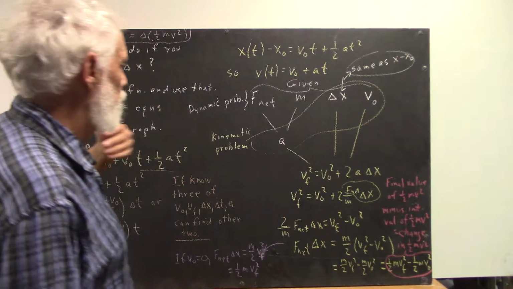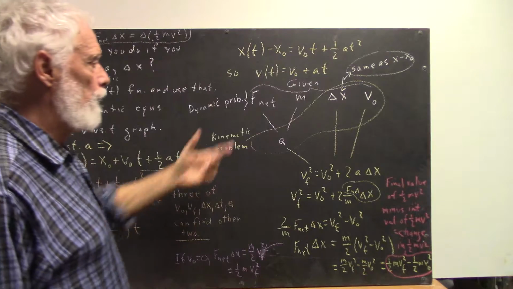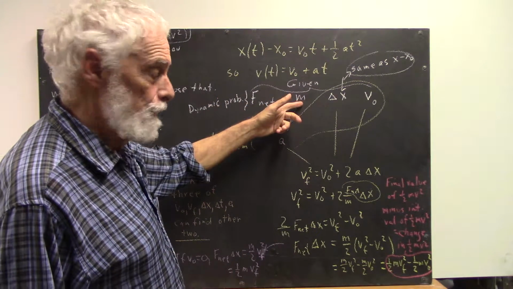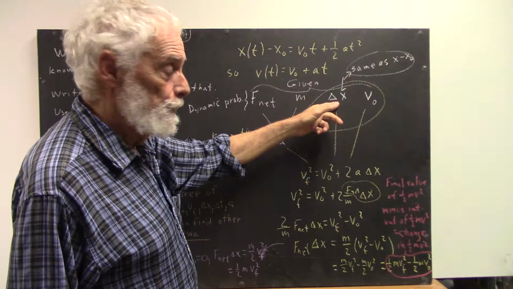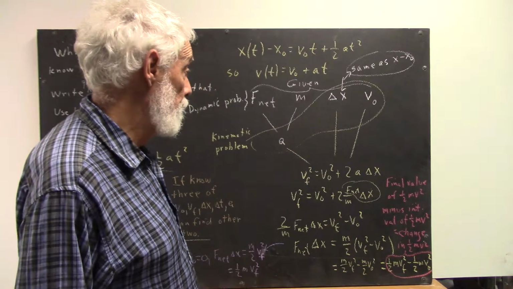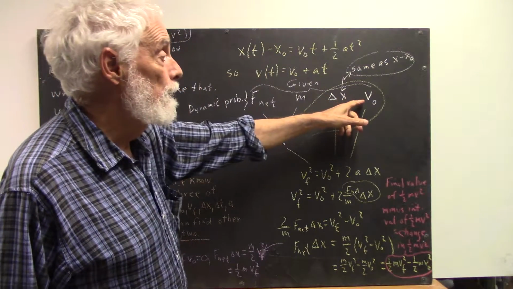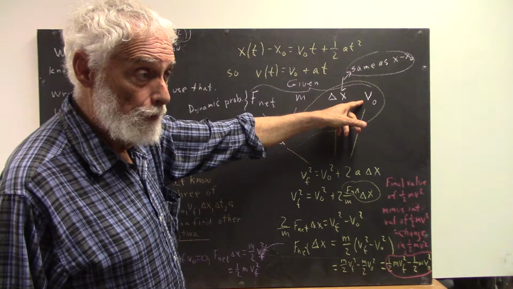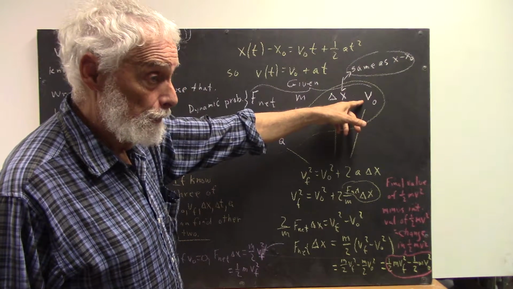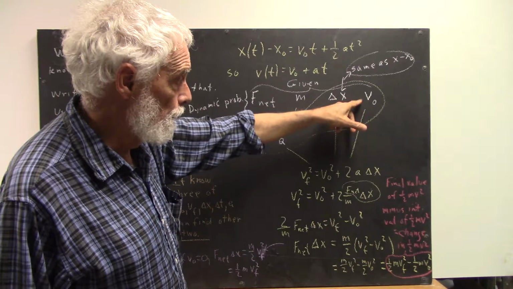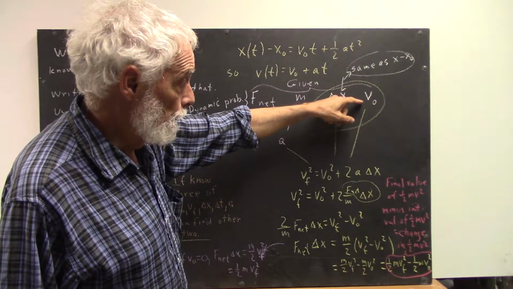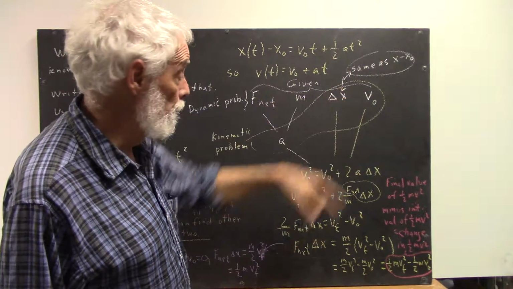What information are we given? We're given the net force and the mass, and the displacement and the initial velocity. In the first problem, the initial velocity was said to be 0. In the second problem, it was said not to be 0. So let's go to the more general problem, but it doesn't really matter which we're doing. We're going to have a v0, whether it's 0 or not.